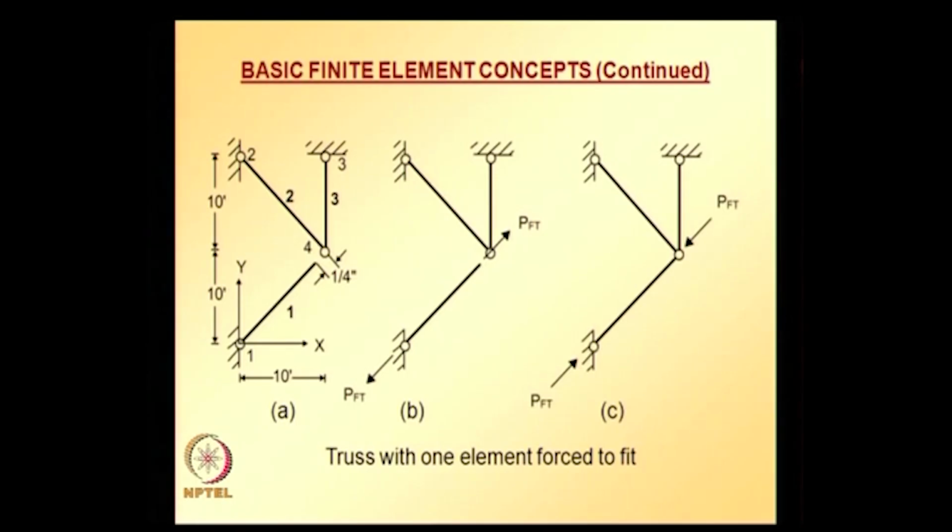That is why the nodal coordinates of node 1 are 0, 0, and the nodal coordinates of node 4 are 10 feet times 12, that is 120 inches: x is 120, y is also 120. The nodal coordinates of node 2 are 0 and 240, and of node 3 are 120 and 240.